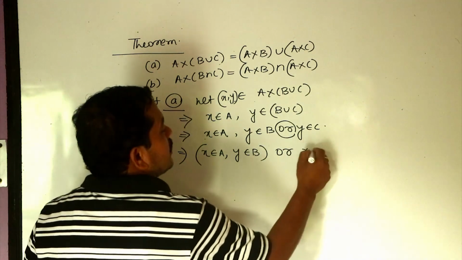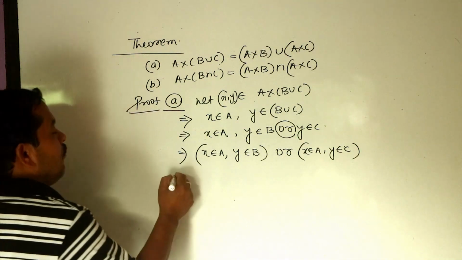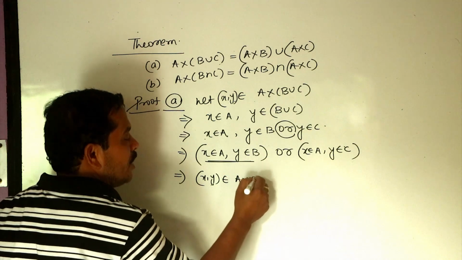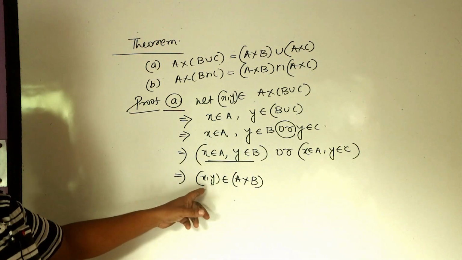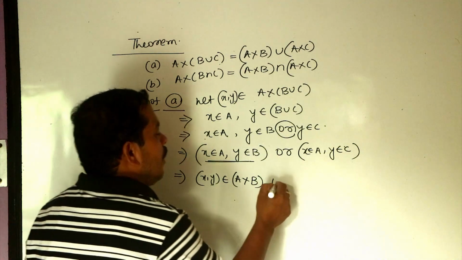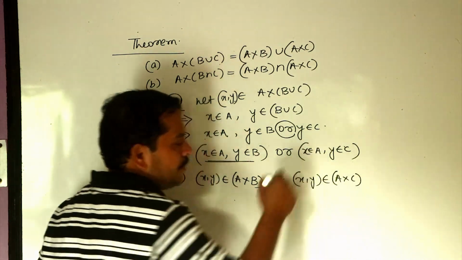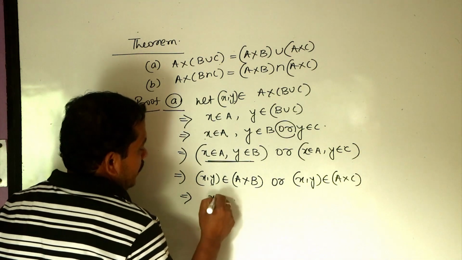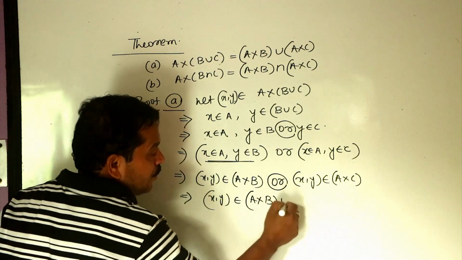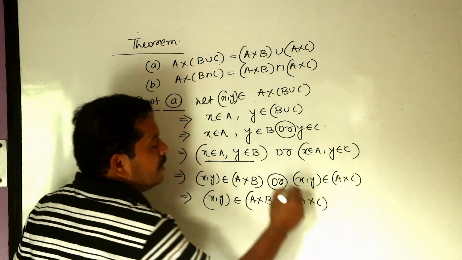Here x belongs to A and y belongs to C. For this, we write (x, y) pair belongs to A cross B, because we know that if x belongs to A and y belongs to B, then we write (x, y) pair belongs to A cross B. Or here we can write (x, y) pair belongs to A cross C. This implies (x, y) pair belongs to A cross B, for OR you just write union, for AND you can write intersection, A cross C.